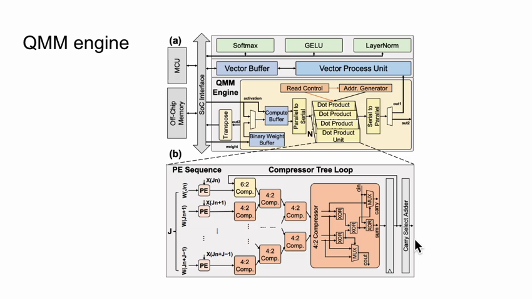To increase the parallelism within a vector, BETA uses unfolding, so each DPU can handle multiple elements simultaneously. Finally, a carry select adder combines the partial sums into the final result. By tuning the number of DPUs and the unfolding factor, BETA can flexibly balance throughput and resource usage.